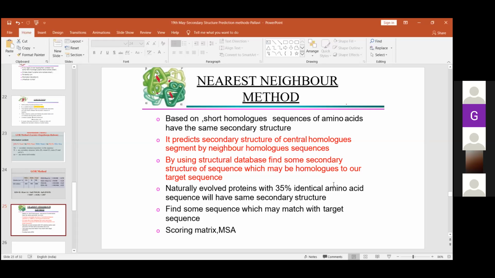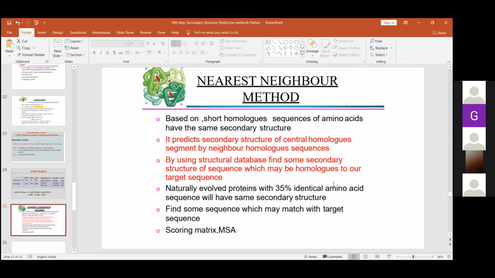So this method, nearest neighbor method, is based on the BLAST. Here we find out the matching sequences which are homologous to our query sequence, and nearly all the proteins which have more than identical percentage of 35% are seen to have the same secondary structure. So on the basis of the BLAST, you find out the homologs and you check out the structure of the homologs.